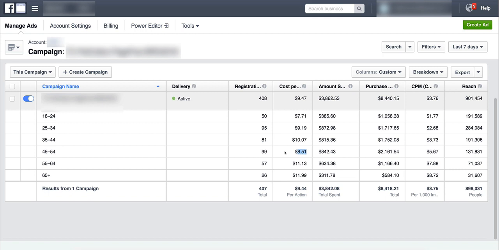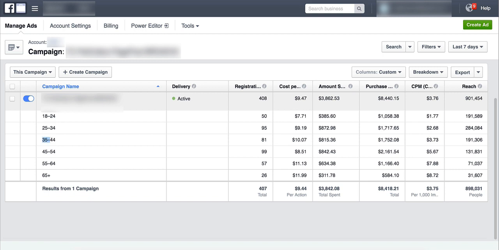But anyways, let's imagine that you are looking at a campaign that had a negative ROI or a break-even ROI. You might come in here and say, okay, well, our 18 to 24-year-olds are killing it, and our 25 to 34-year-olds are killing it, and our 45 to 54-year-olds are killing it.